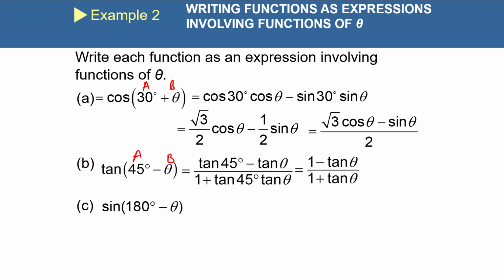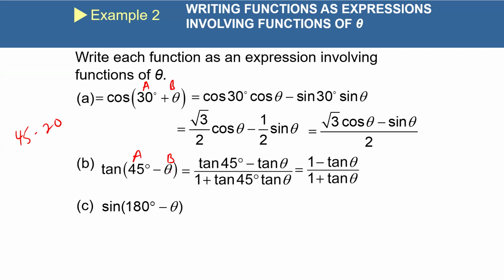So let me write it. Let's see if this works. Let's say you had 45 minus 20, right? I know it's not gonna be in our unit circle, but let's say you had 45 minus 20.